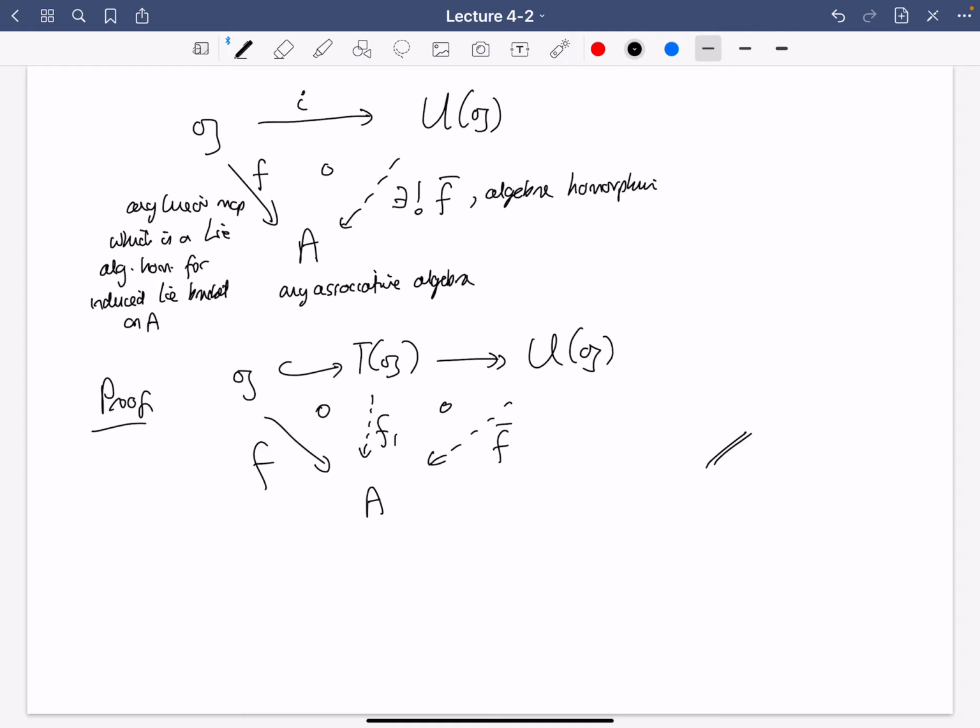Okay, so I'm not going to write any words because I think that's one of those routine universal property arguments. So what we've just done is we've mapped G to an associative algebra, its universal enveloping algebra. And we've got this canonical map I, which is a Lie algebra homomorphism. And then somehow that's the universal associative algebra that we can map our Lie algebra to.